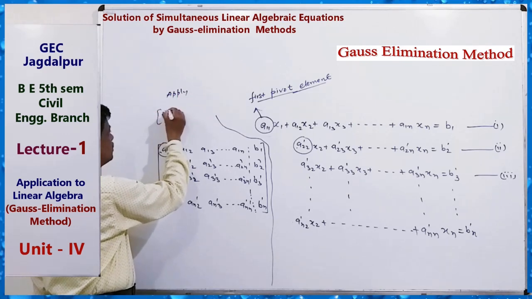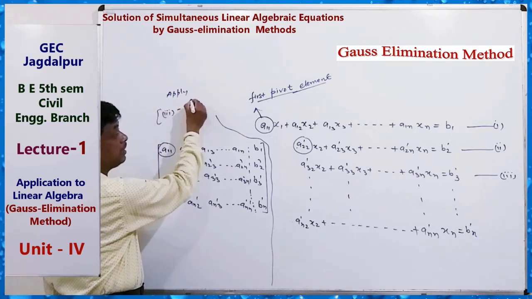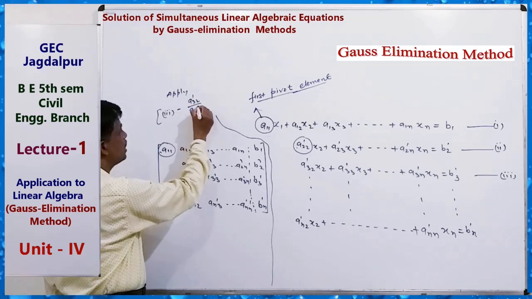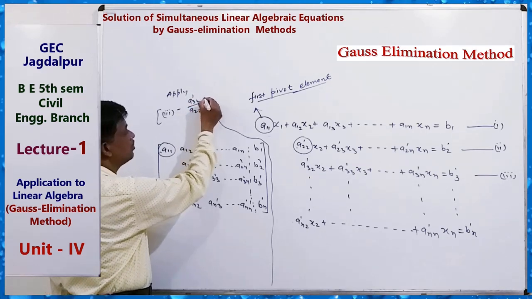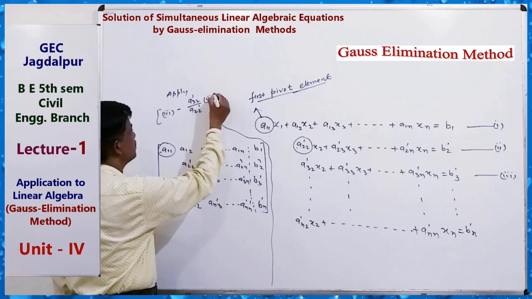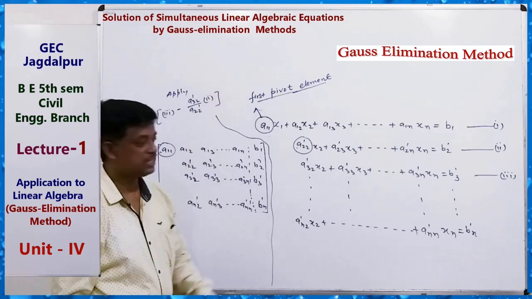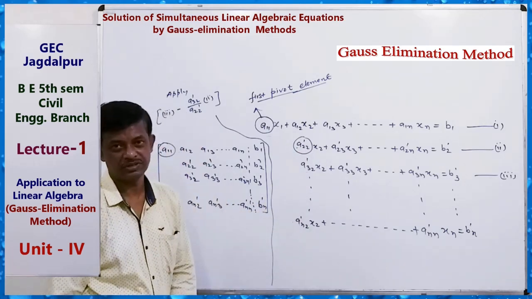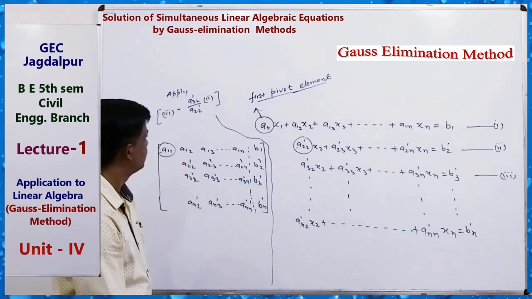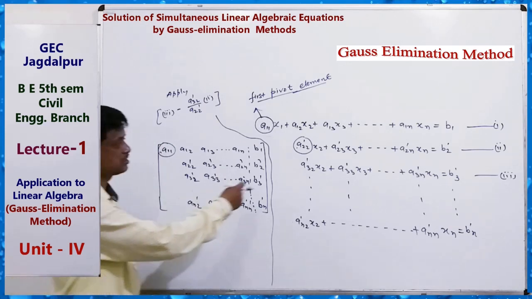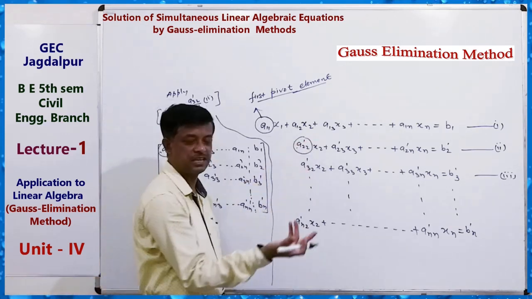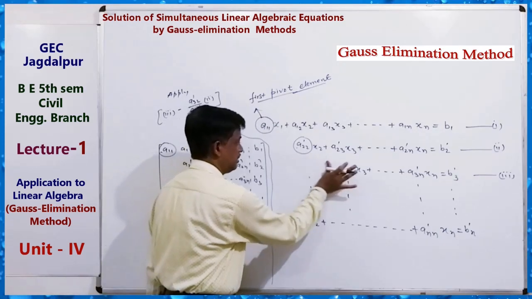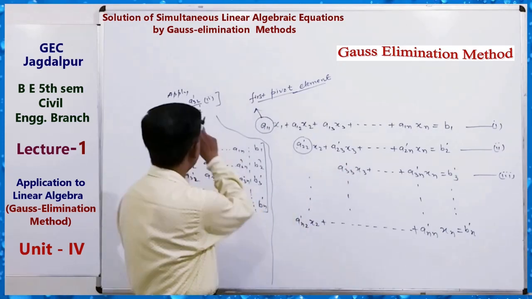Equation third minus A32', the new constant, upon A22' of the second equation. By using this, we can eliminate all the x2's, because first they will be the same, so this can be eliminated.